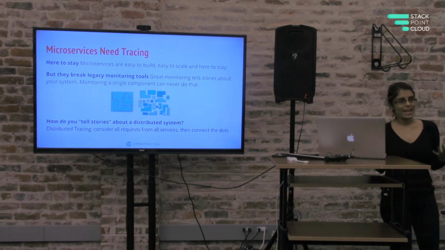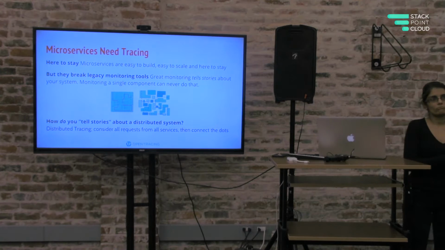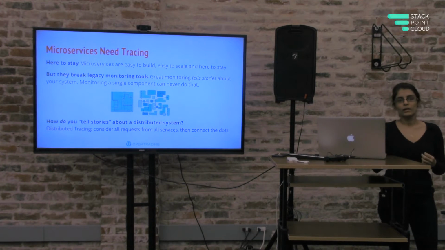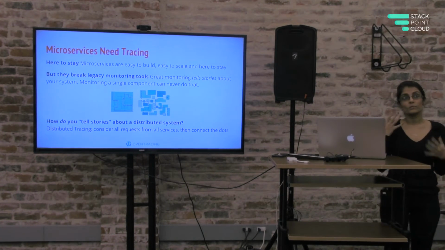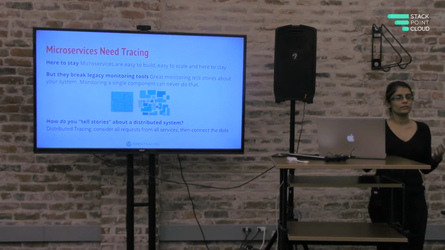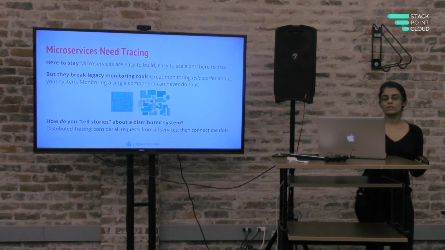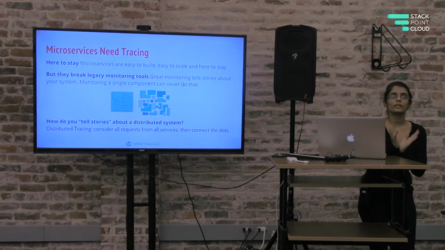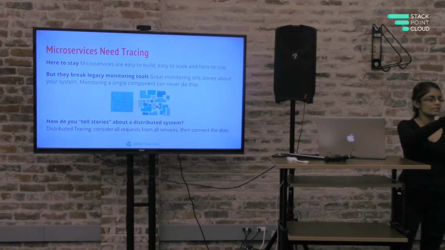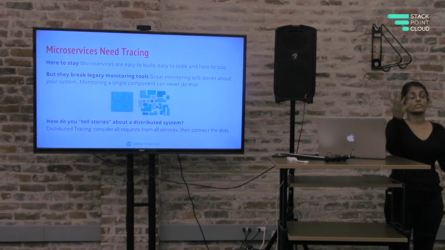But the problem is that the tooling that worked really well in monolithic architectures starts breaking down really quickly, especially from an observability perspective. These graphs try to explain the problems that occur. In the monolithic world, everything is in one place, so when a request starts and goes through various components, you can clearly see where it's going.